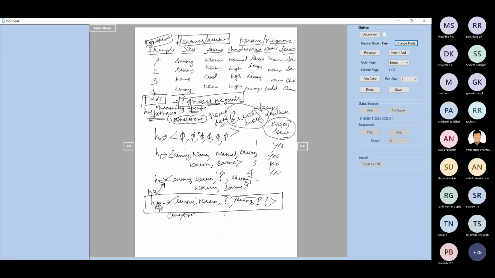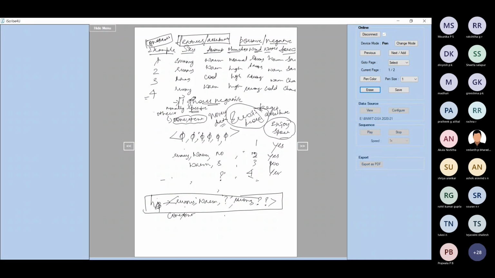Now, if I say come up with some other hypothesis other than this, which is consistent with the training examples, can you not sit and break your head and come up with another hypothesis? Yes or no? Is it right for us to say that the hypothesis that we generated with Find-S is the only possible hypothesis that is consistent with the training data set?